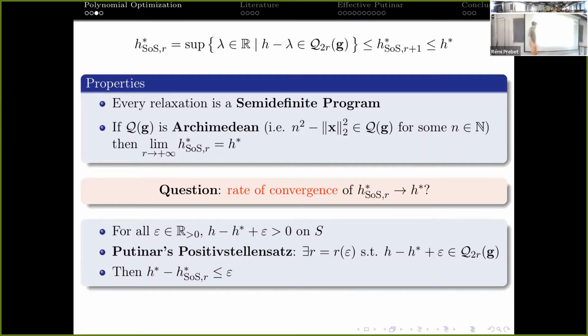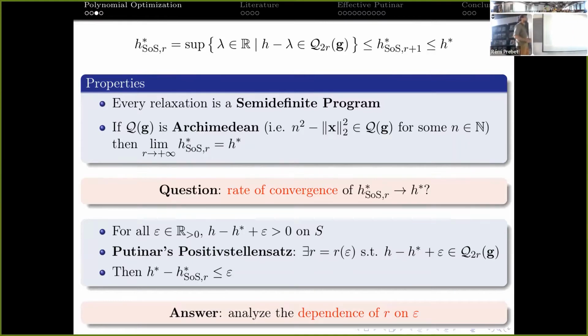And so, if we have r such that h minus h star plus epsilon belongs to the truncated quadratic module at degree 2r, then the error that we have at order r of the hierarchy is smaller or equal than epsilon. And so the answer to our question to compute the rate of convergence is to analyze the dependence of this r on epsilon.